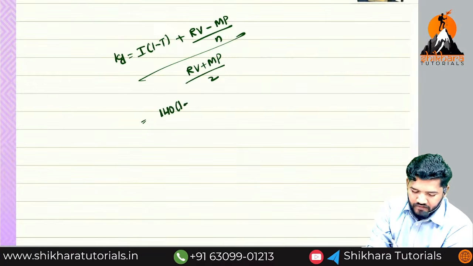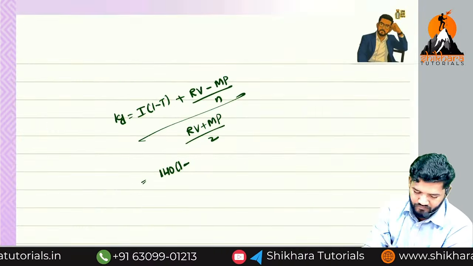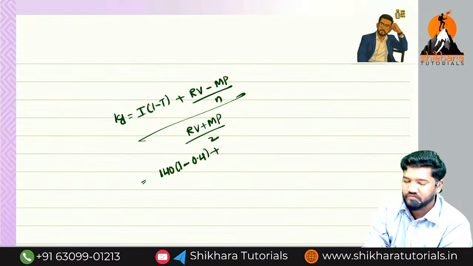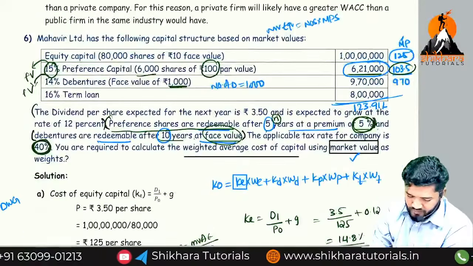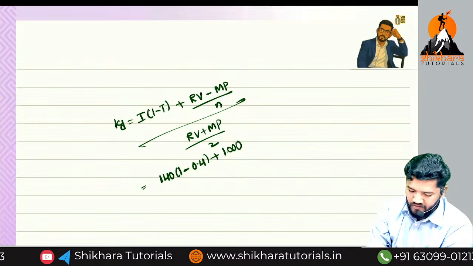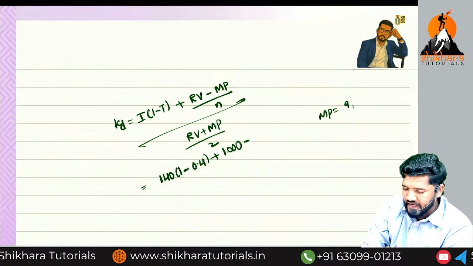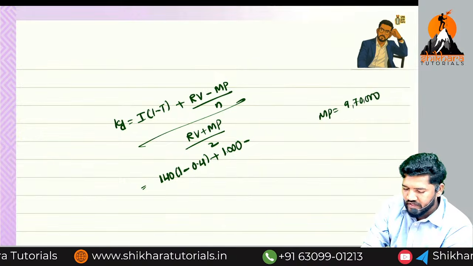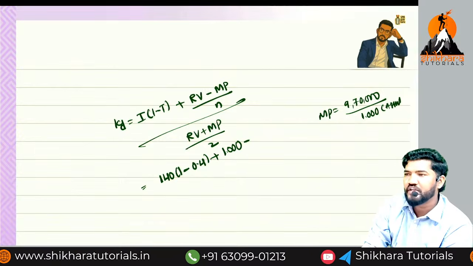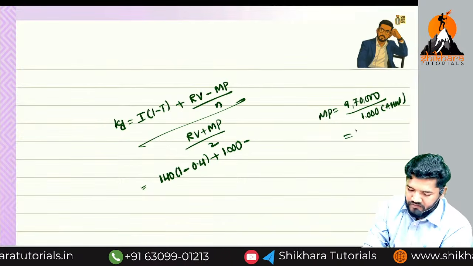Tax rate is given, 40%. Repayment at face value, 1000. What about the market price? 9,70,000 divided by the assumption. What is the assumption? The company issued 1000 debentures for the relevant purpose. So 970.